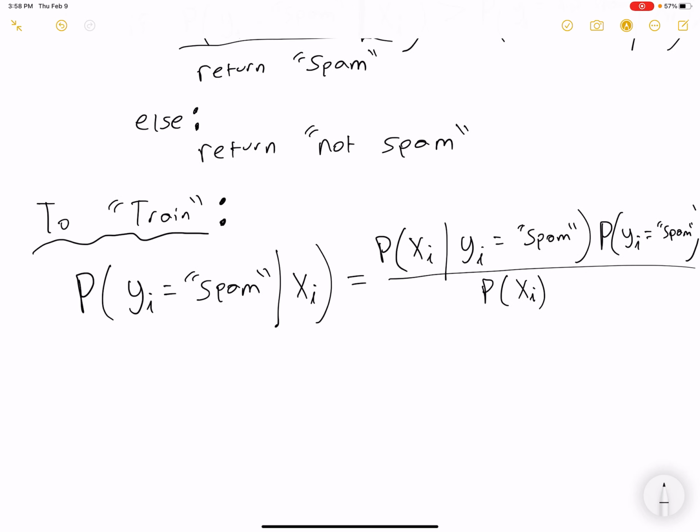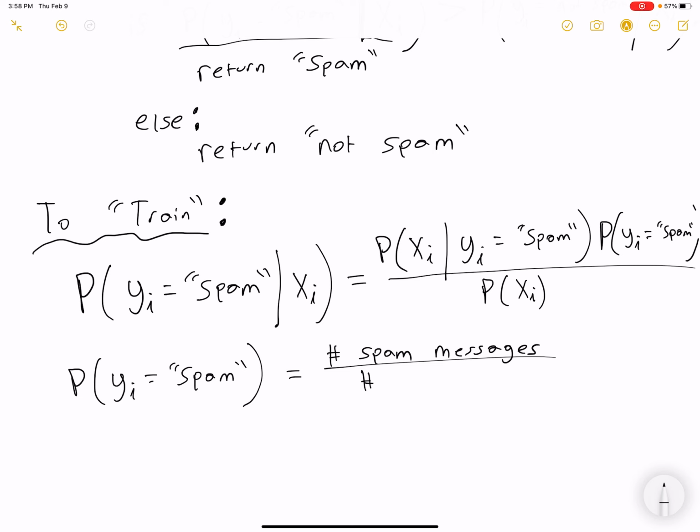And so to get the probability that the data point label is spam, let's say we look at our entire data set, we could simply write a for loop or whatever to calculate the number of spam messages divided by the total number of messages. And that gives us that probability on the right-hand side of the numerator.